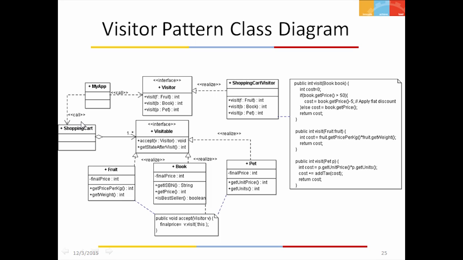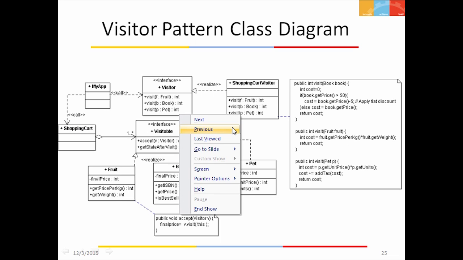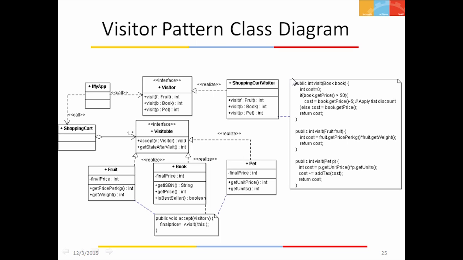Let us see what is happening here. Let us look at this visit method, like visiting a fruit or visiting a book or visiting a pet. For each of these visitable types, there will be different methods. This is going to visit the fruit, this is going to visit the book, and this is going to visit the pet.